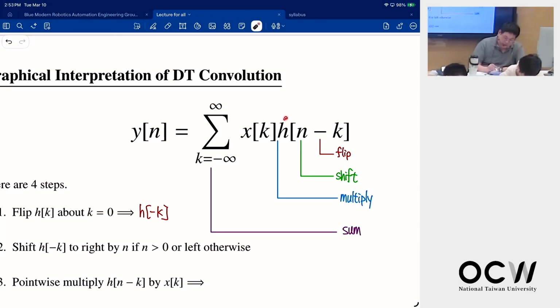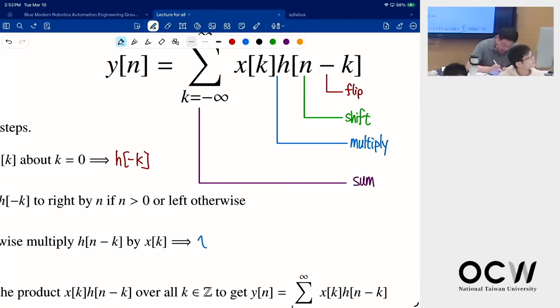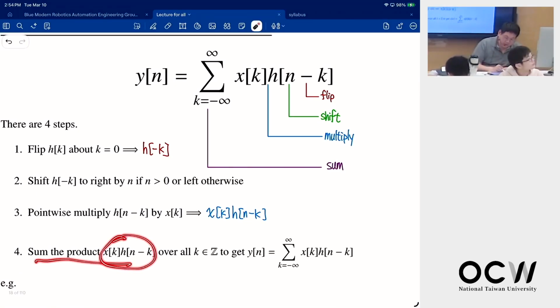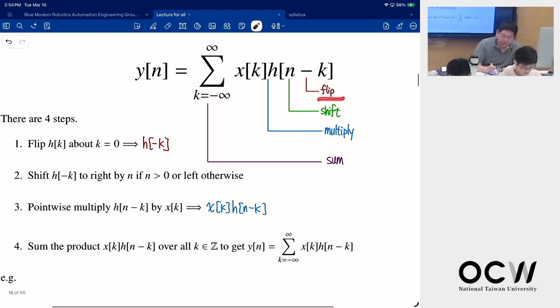So x k times h of n minus k. And finally, you sum the product. You have a lot of these terms. Then you sum the product. You flip first, and then you shift, then you multiply. Finally, you sum up.